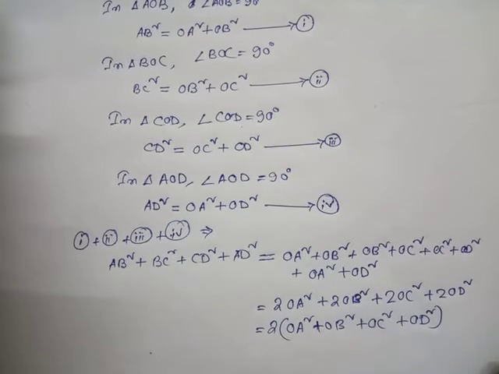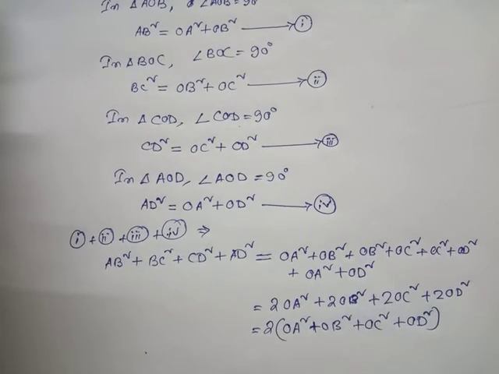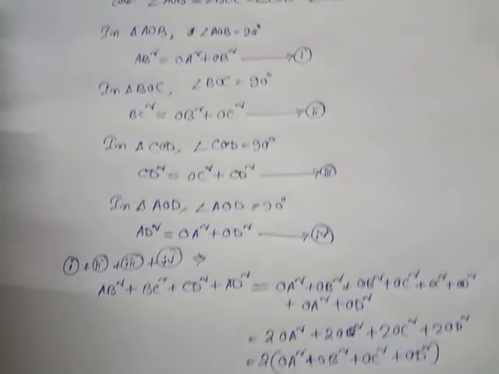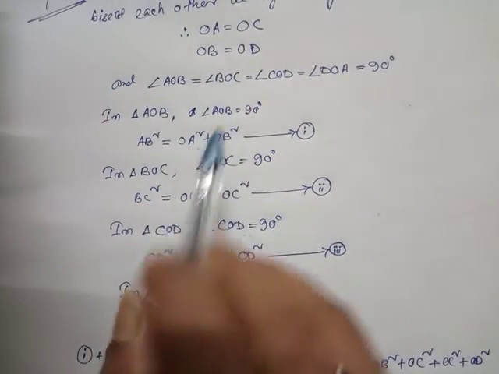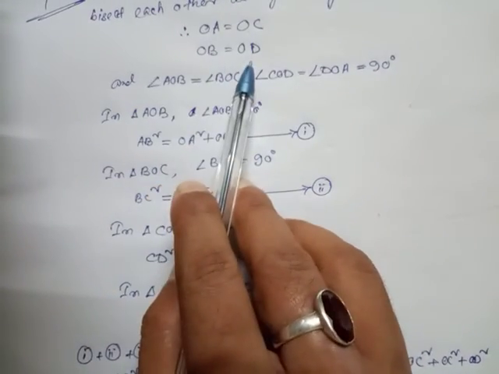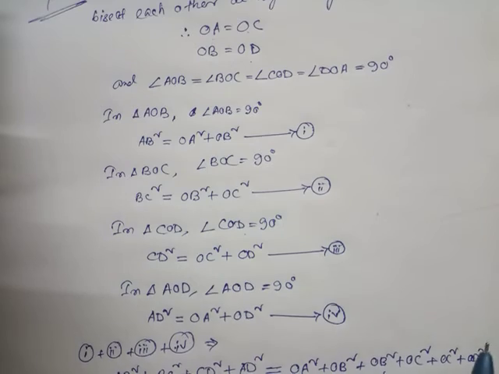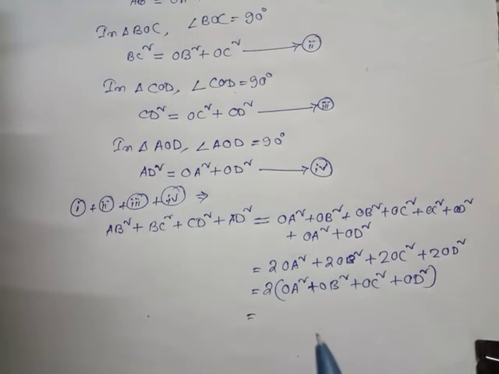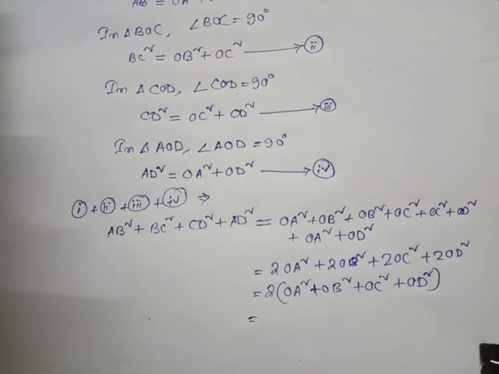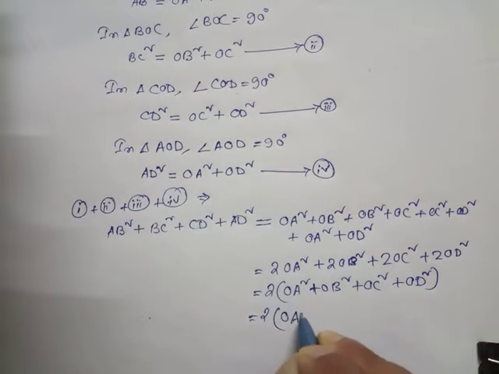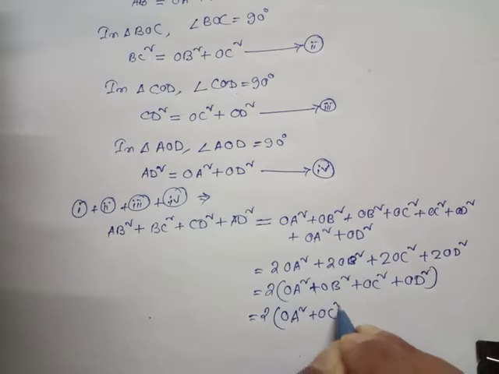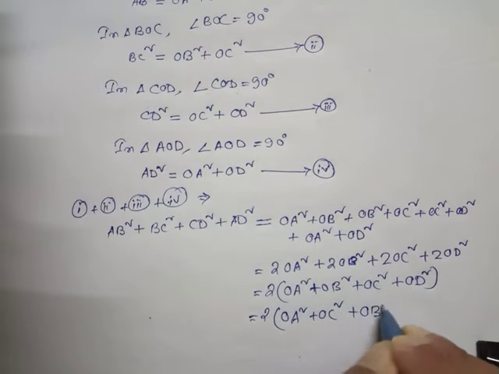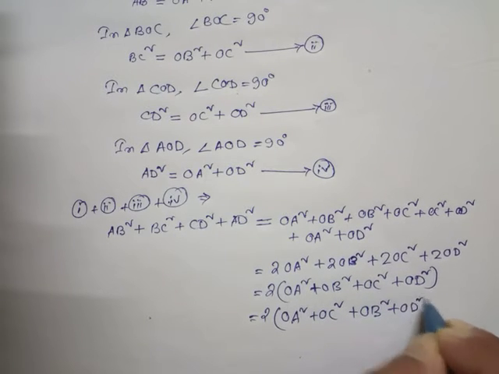Now look students, one more thing. In the initial part, I have written that OA equal to OC and OB equal to OD. So this portion I will use here now. Look now, here if I make the pair OA square plus OC square and OB square plus OD square.